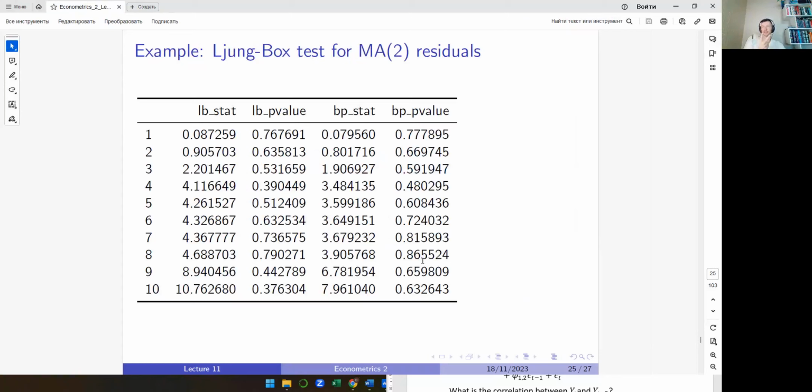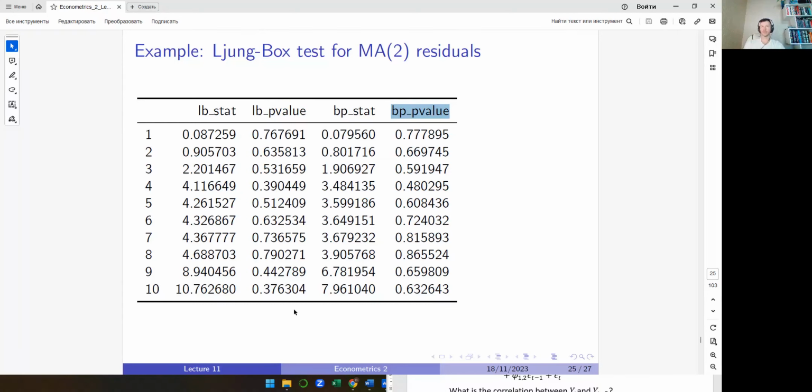Now, this is the output from Python when we test for the residual autocorrelation with the help of two statistics: not only the Ljung-Box statistic, but also the Breusch-Pagan statistic, another statistic that tests whether there is some residual autocorrelation or not. We can concentrate on p-values here and here. These are the lags from 1 to 10. As usual, if the p-value is less than 5%, then the null hypothesis is rejected.